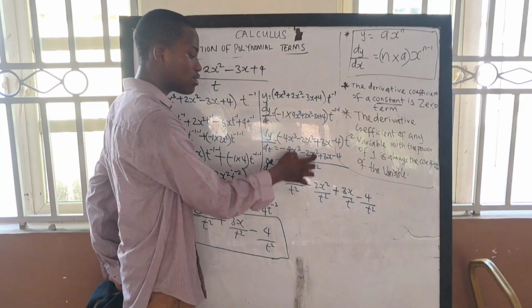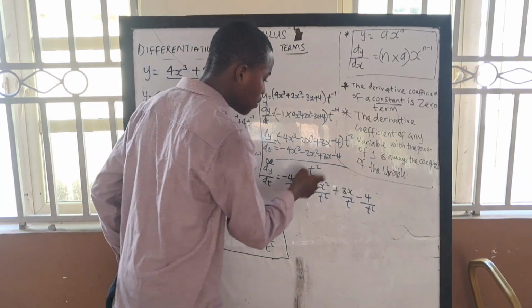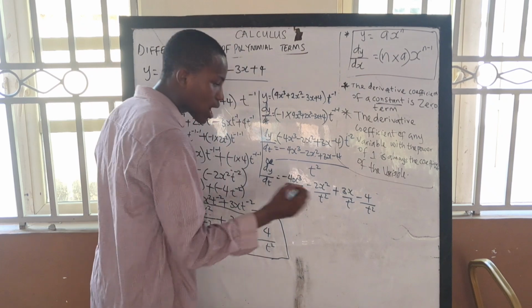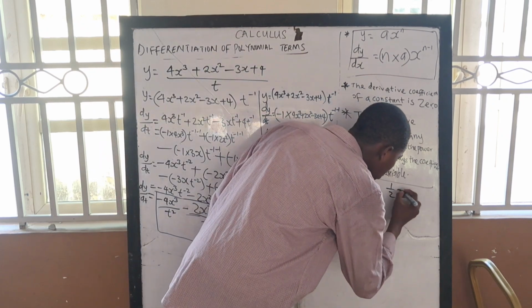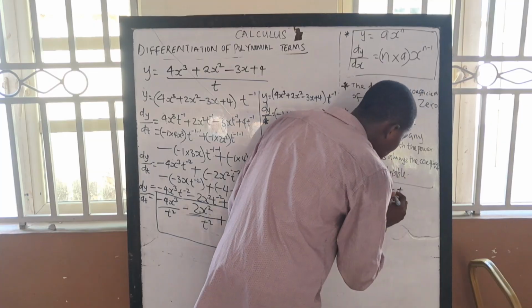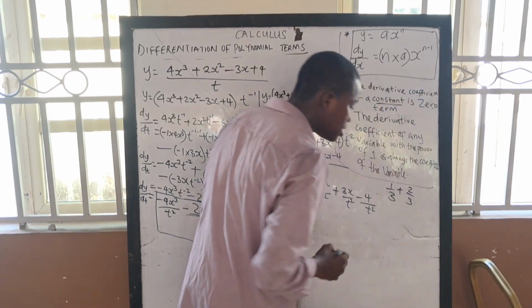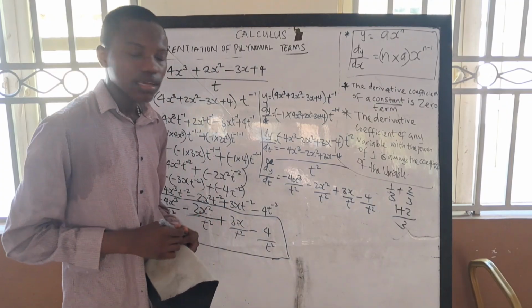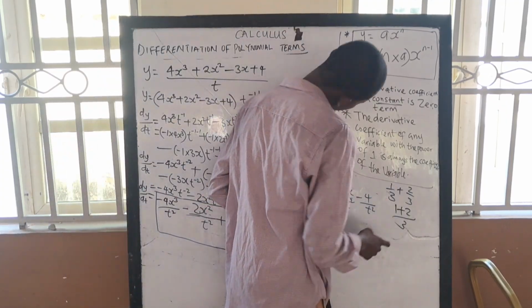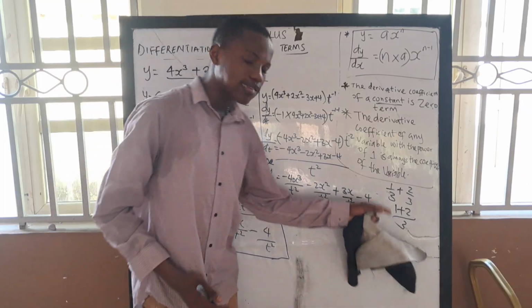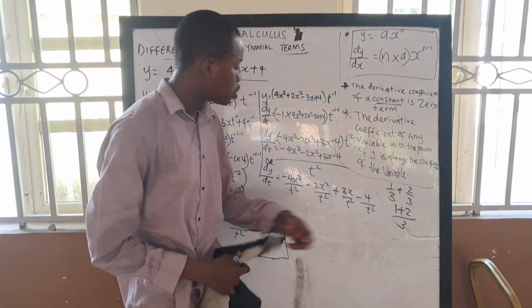I pick this over this, this over this, this over this, this over this. They are the same thing. It's just like now, if you have, let's say 1 over 3 plus 2 over 3. It's the same thing as saying 1 plus 2 over 3. Right? This is the same principle applied. So this is the same thing as this.